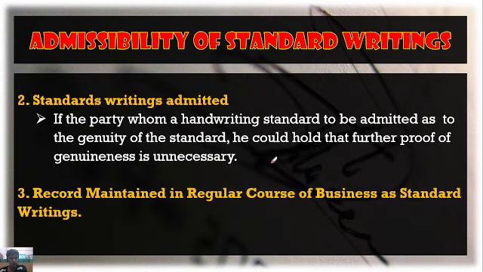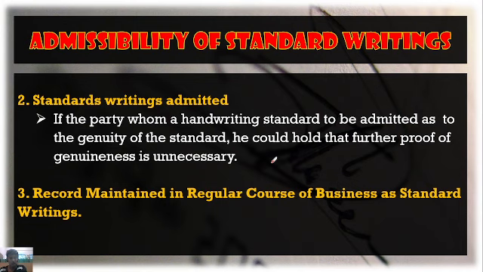Okay, and standard writings admitted, so it is not necessary to further provide proof of genuineness, since it's already admitted. Record maintained in regular course of business, standard writings, nasabi natin kanina.